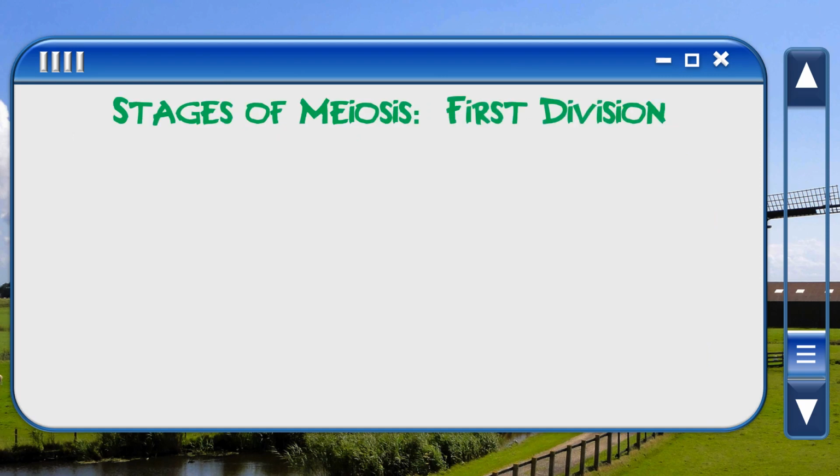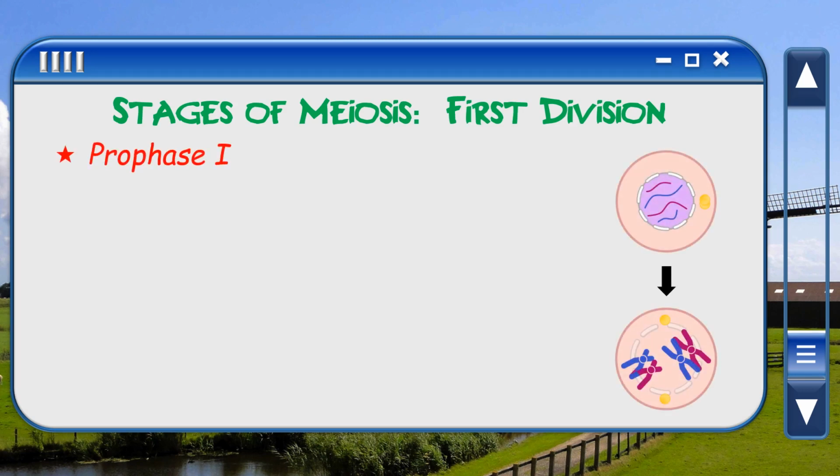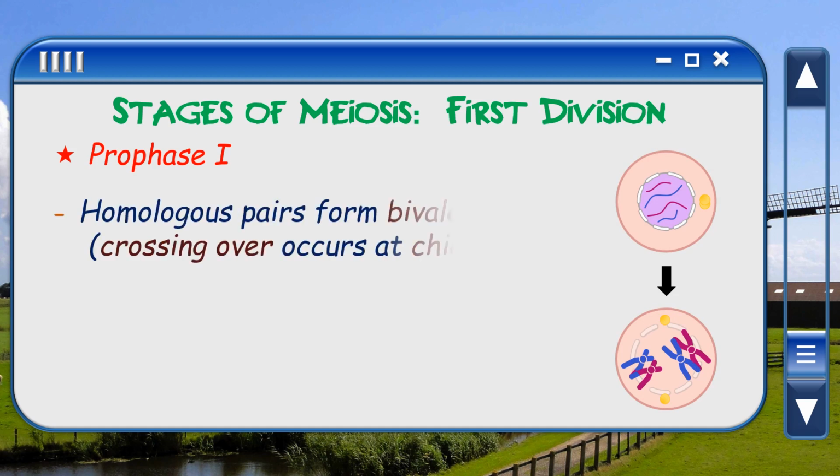The stages of meiosis. Let's look at the first division. Prophase 1, that is the first meiosis, meiosis 1. What is happening? Here in meiosis 1, the homologous pair form a bivalent.